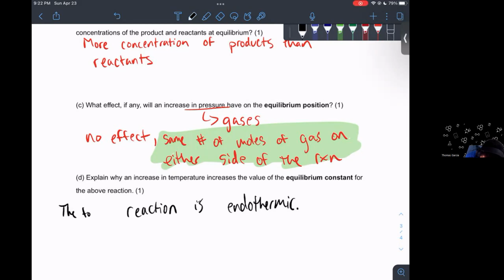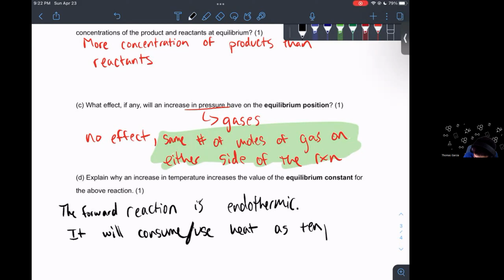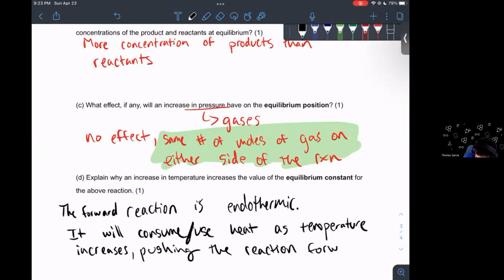You should say the forward reaction is endothermic. It will consume or use heat as temperature increases, pushing the reaction forward.